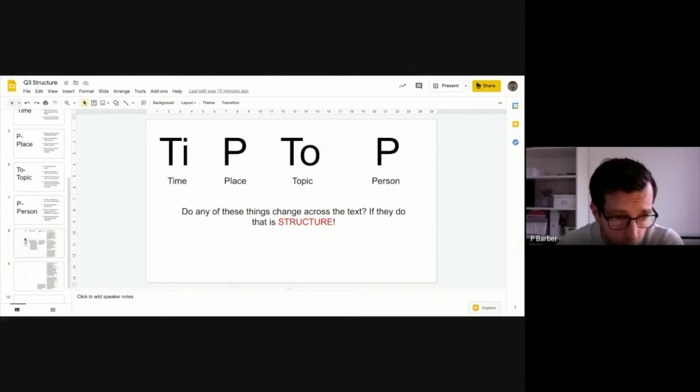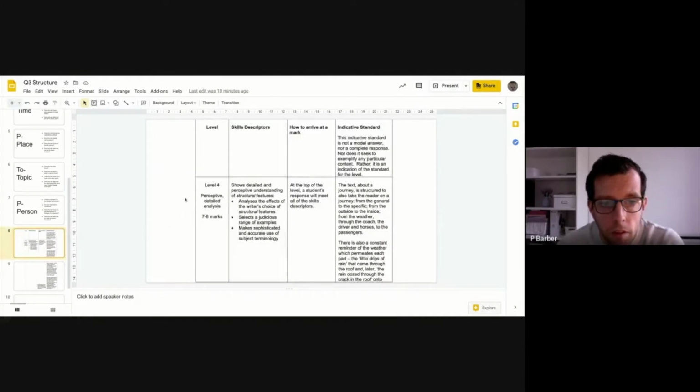Now, if we look at the mark scheme, the top mark scheme is a perceptive, detailed analysis for the full 7 to 8 marks. So you're looking for about 2 paragraphs, and the structure of the paragraph is slightly different. When we look at this, the evidence is embedded, but it's not analysed.